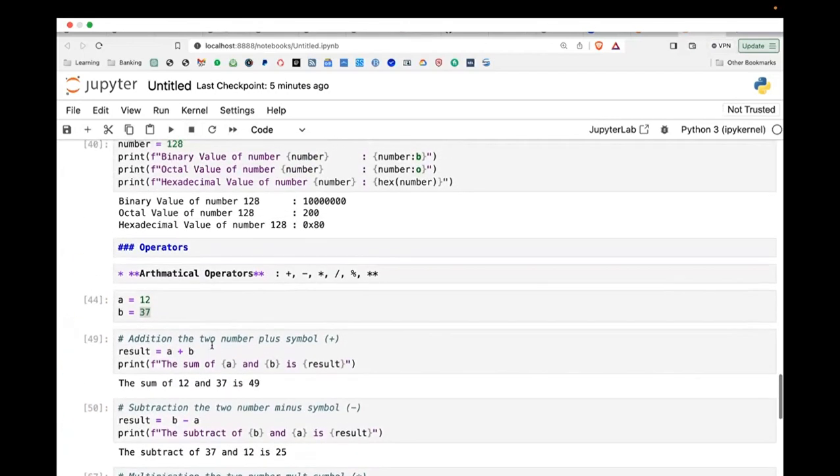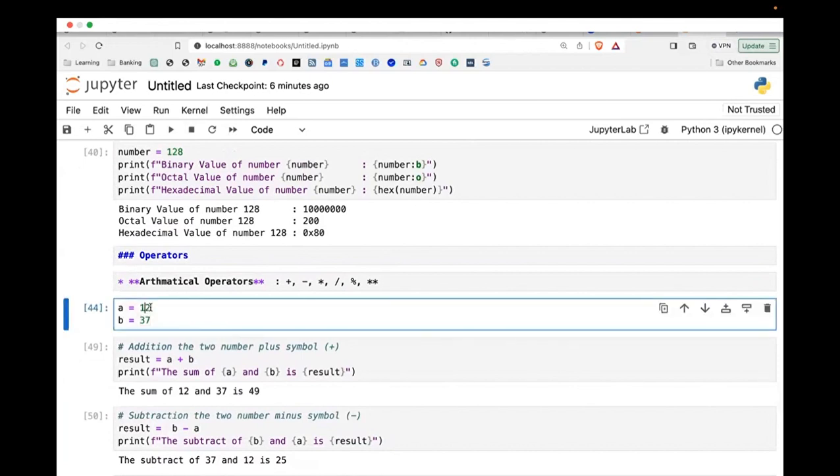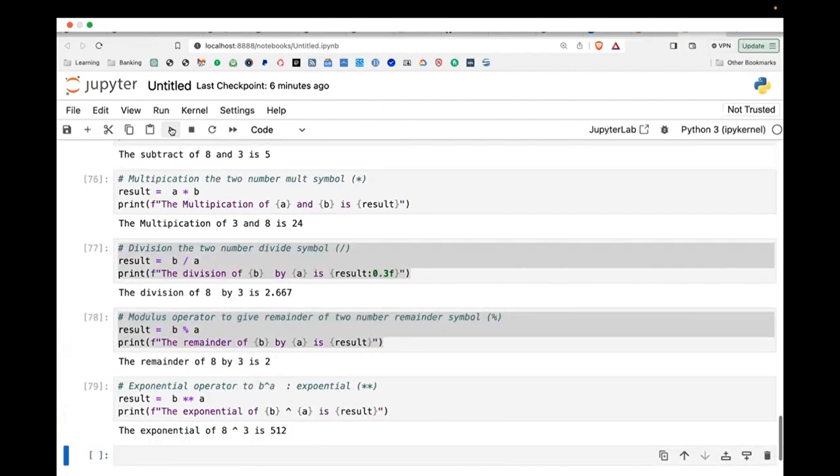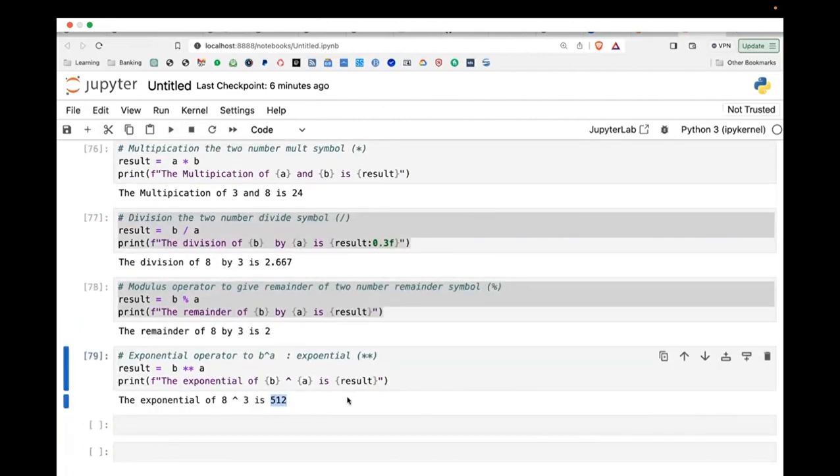Let me do it here with a as 2 and b as 8. 8 to the power 3 we already know. 64 into 8 is 512. So 8 to the power 3 is 512. I will check it. It's 512. You can check.